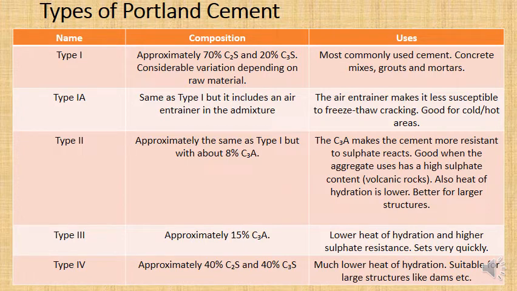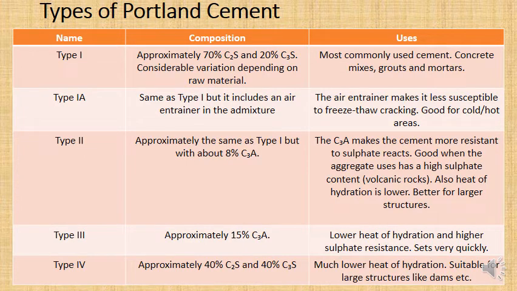Now that does 2 things. First off, it means that the reaction is slower. The hydration reaction is slower, which means it doesn't dry as fast, which is a good thing if you need lots of time to place your concrete and mix it.